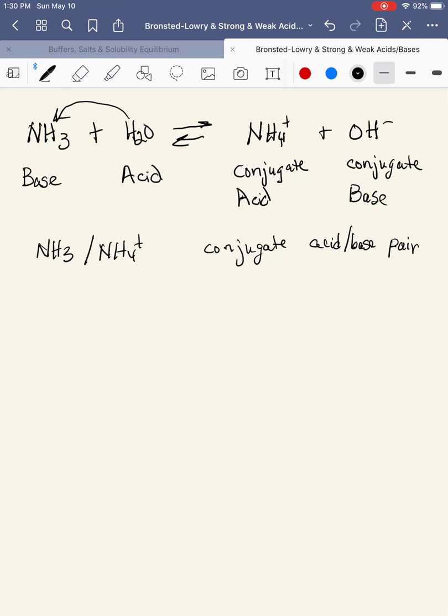And our other conjugate acid-base pair would be H2O and OH minus. So, base, conjugate acid, acid, conjugate base.